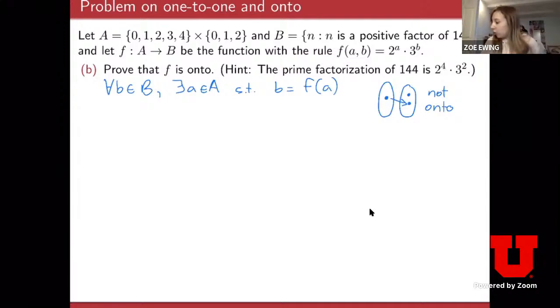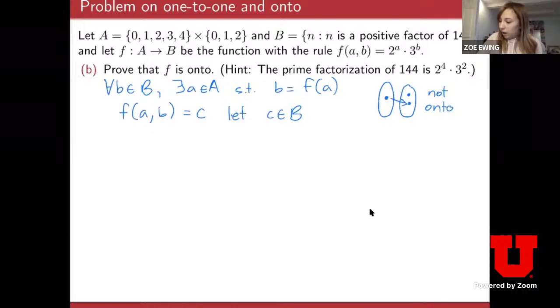All right, so first let's kind of convert this into our problem, which is that we want to show that there is some f of (a, b) that equals c if we let c be in the codomain.